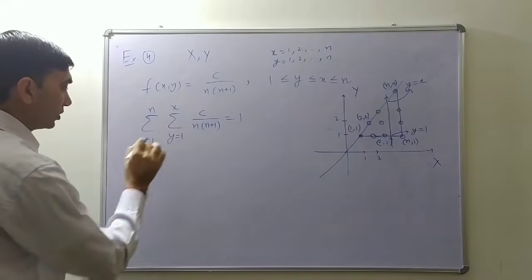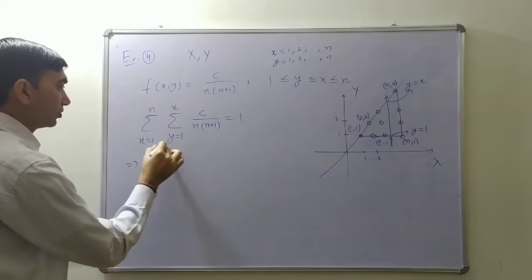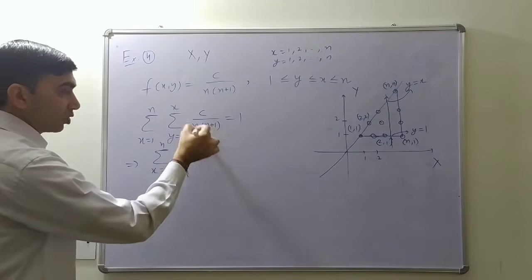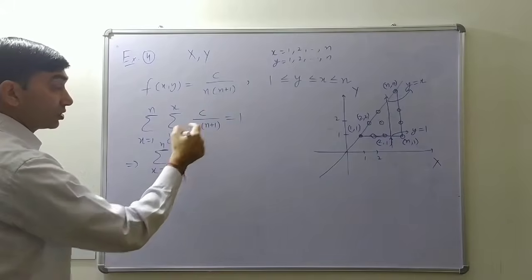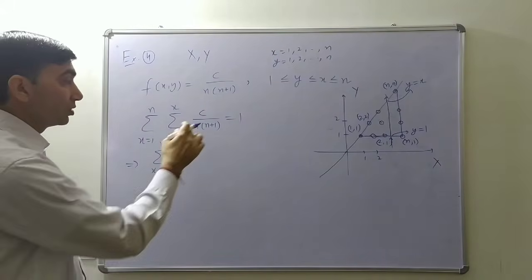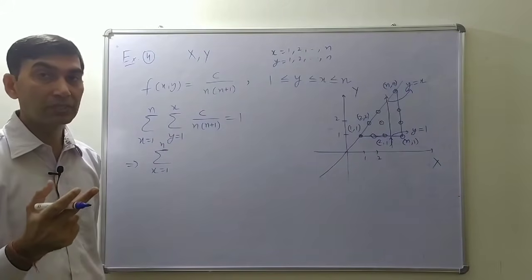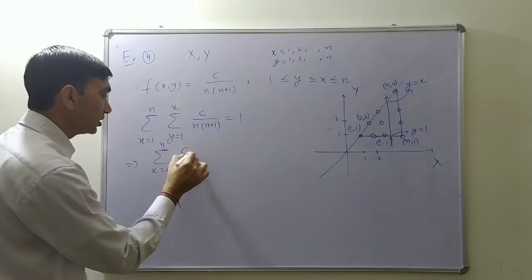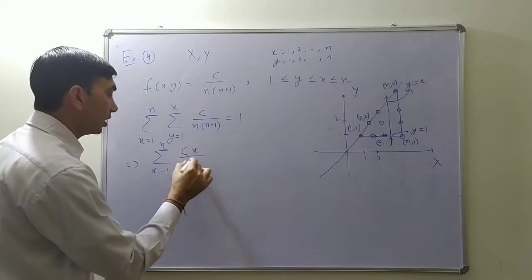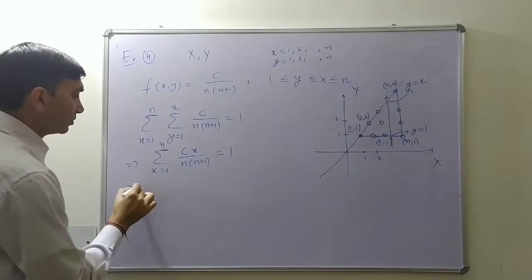Now let's do this calculation further. Summation x from 1 to n. This is constant, and y varies from 1 to x. So this is added how many times? X times. So you can write cx over n into n plus 1.